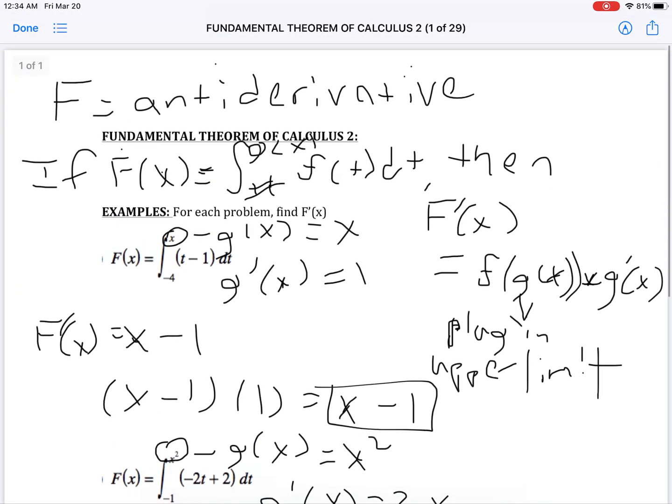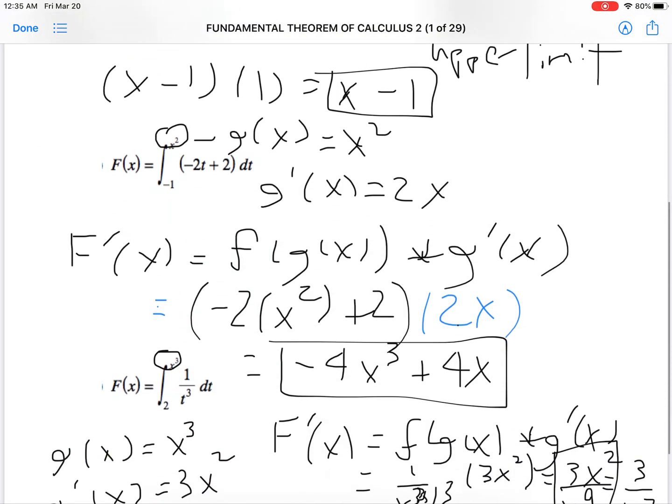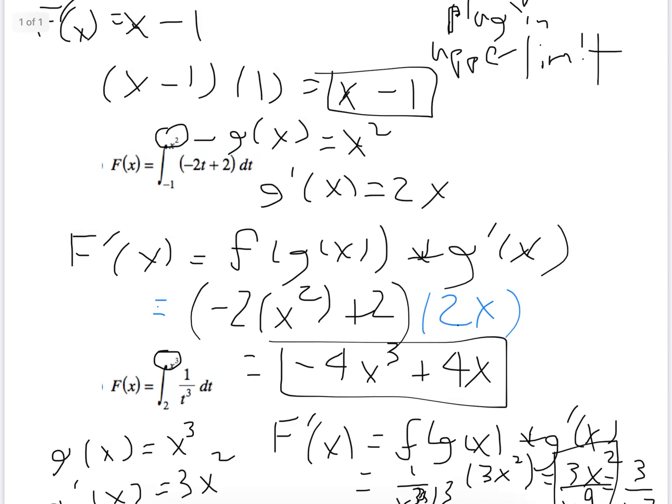So just to recall, f of g of x tells us to plug in your upper limit. If it's a simple example, like the first one, where your upper limit is just x, you put in x for t. In the second example, you put in x squared for t. On the third example, you put in x cubed for t.